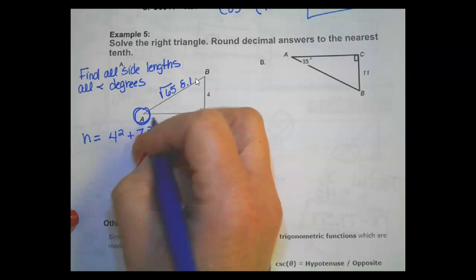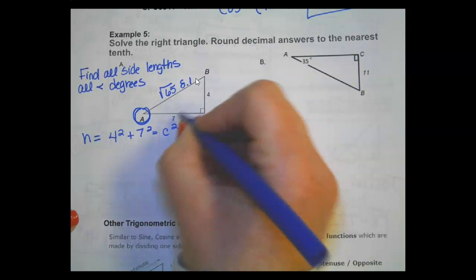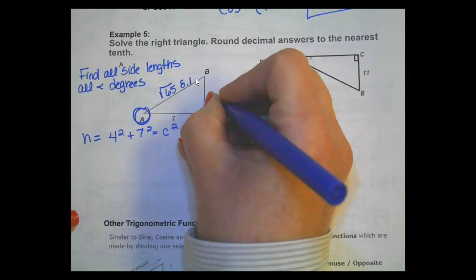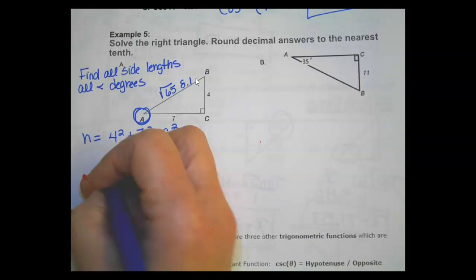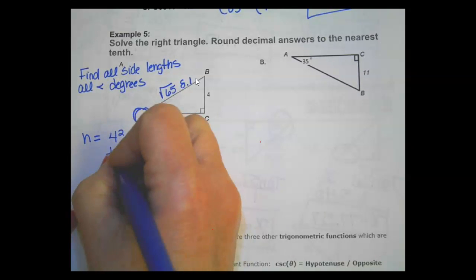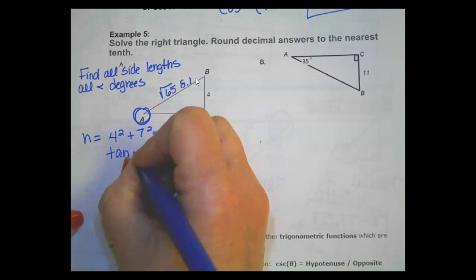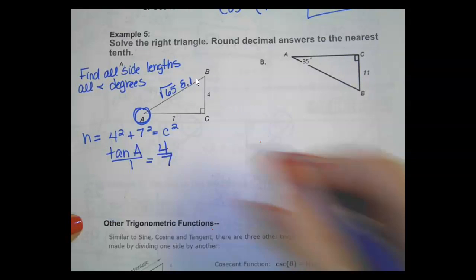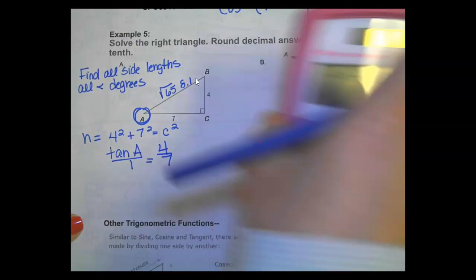So to find angle A, since these are nice numbers, we're going to use the opposite and adjacent from A. So which one is opposite adjacent? Give you a chance to look at that. Tangent. So tangent of A over 1, opposite adjacent, cross multiply.